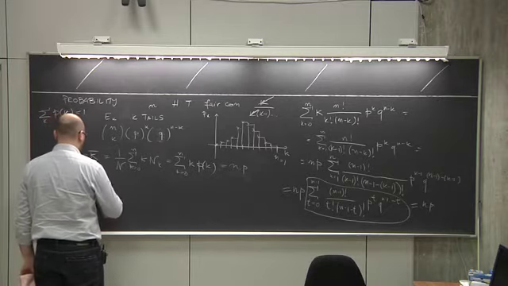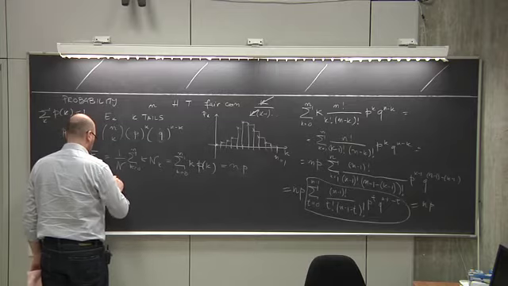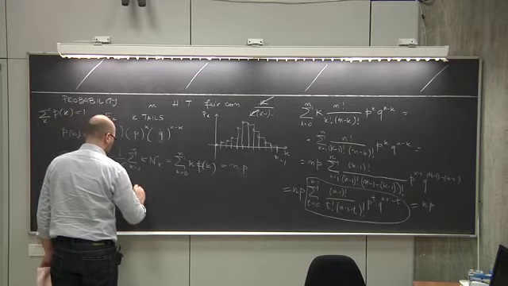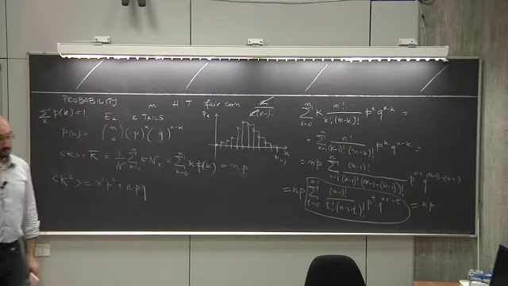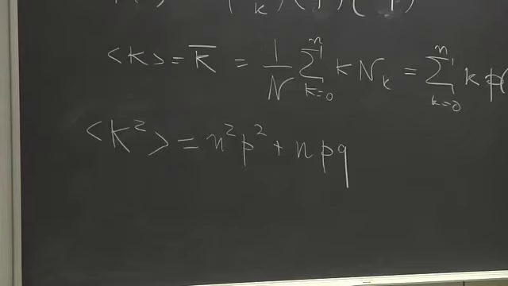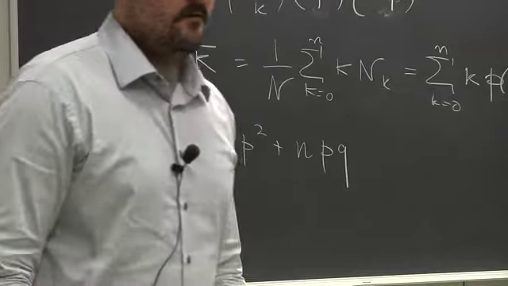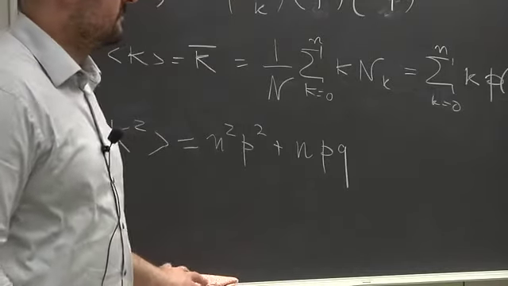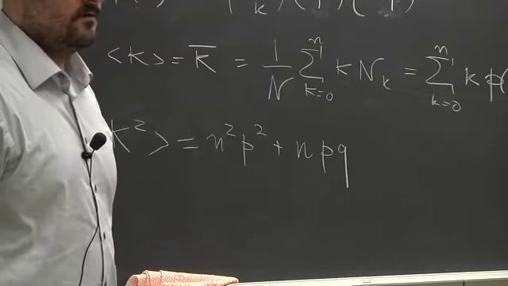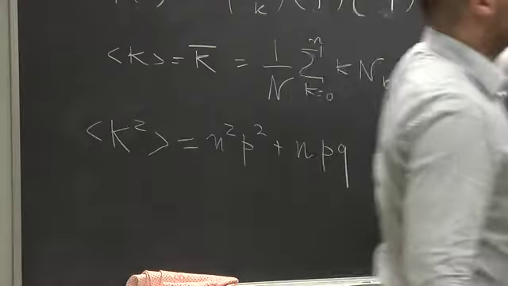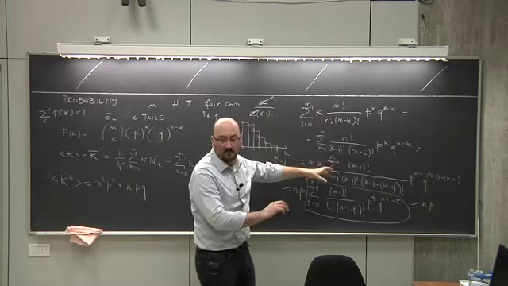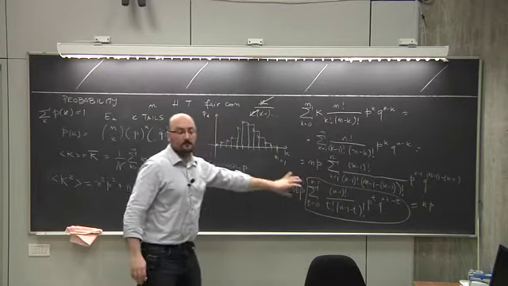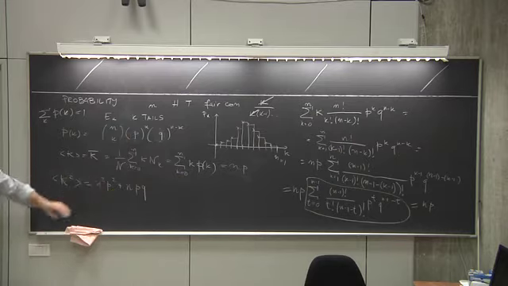So the average of k squared is n squared p squared plus n p q. There are many ways you can do this calculation. You can just put k squared in here and then work a little bit and come up with this expression. Okay.